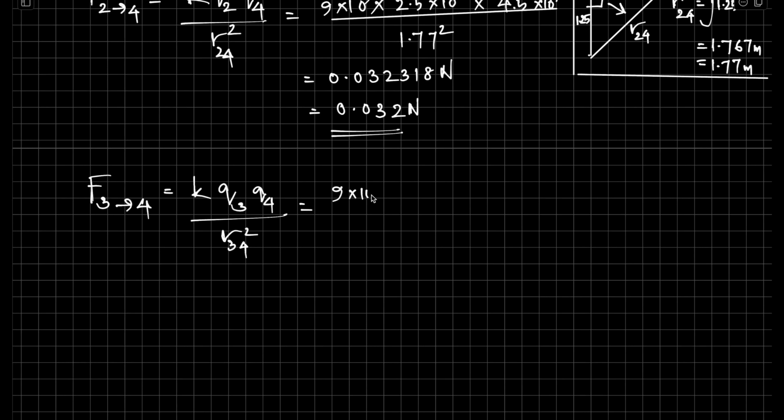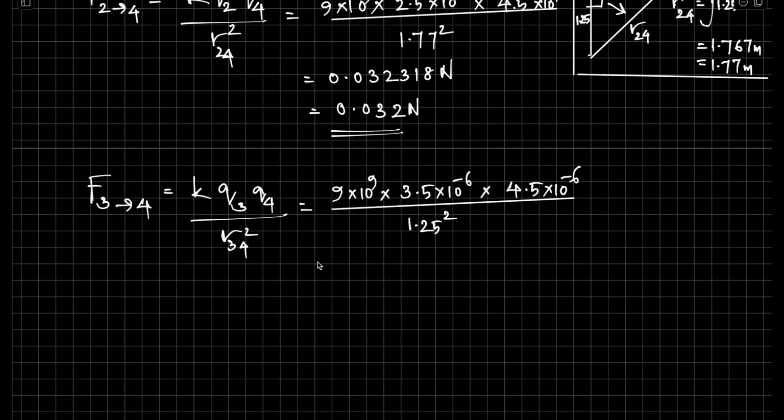So 9 times 10 to the power of 9 times 3.5 times 10 to the power of minus 6 times 4.5 times 10 to the power of minus 6 over 1.25 squared.